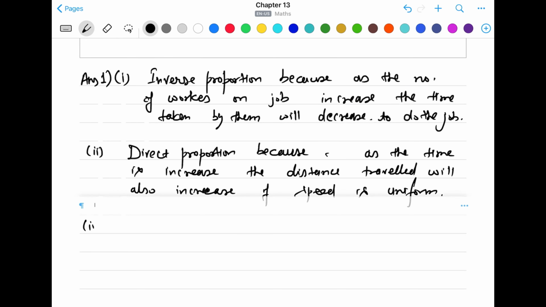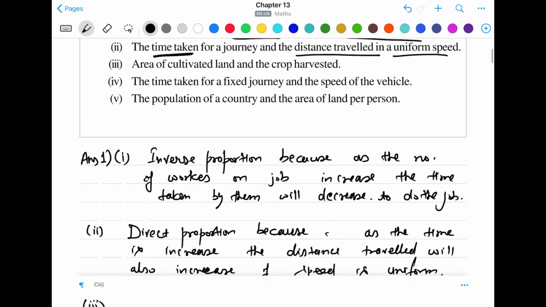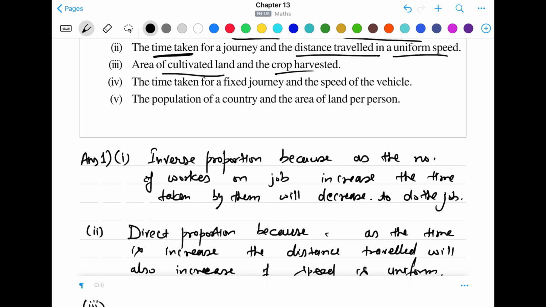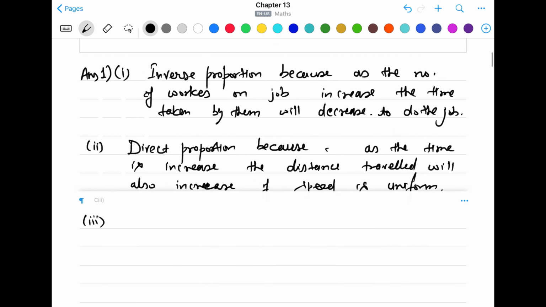Let's see the third one now. The third one is the area of cultivated land and the crop harvested. This is simply an example of direct proportion. As the area of land increases, the crop harvested will also increase.